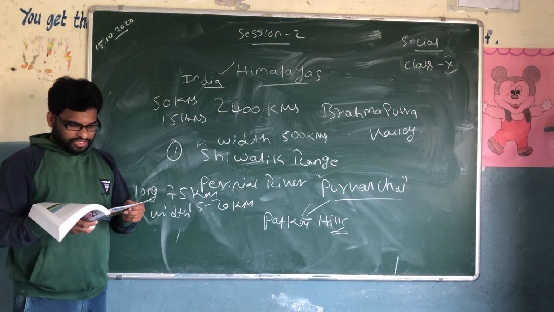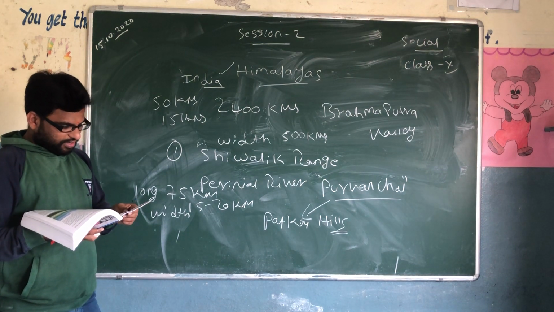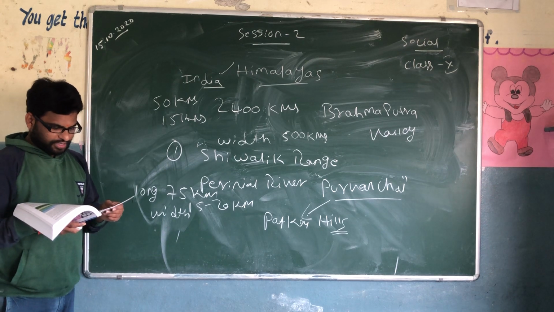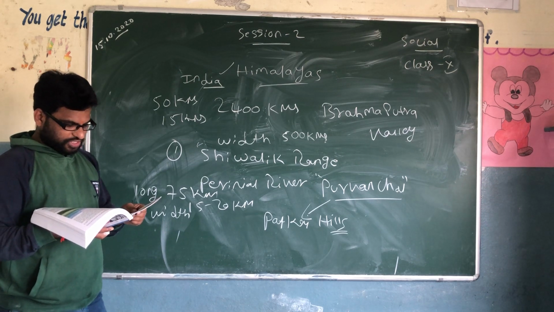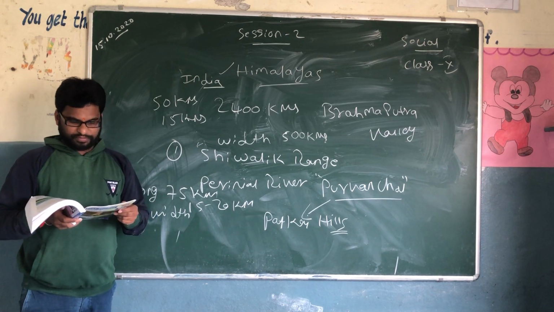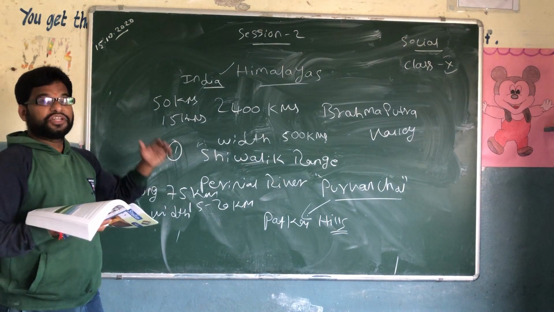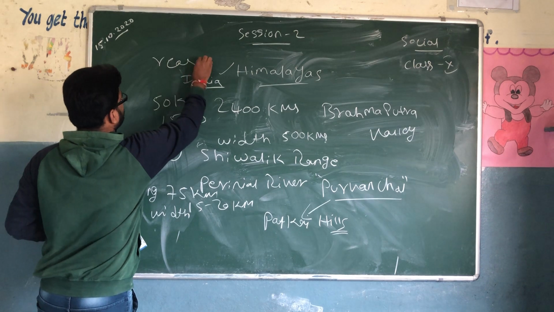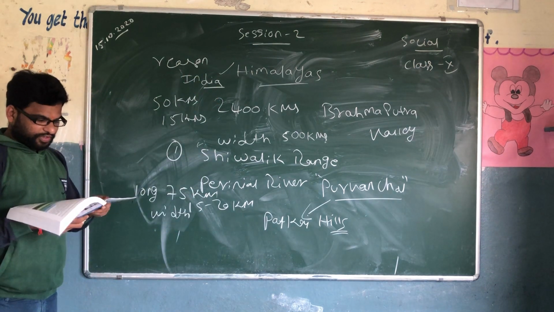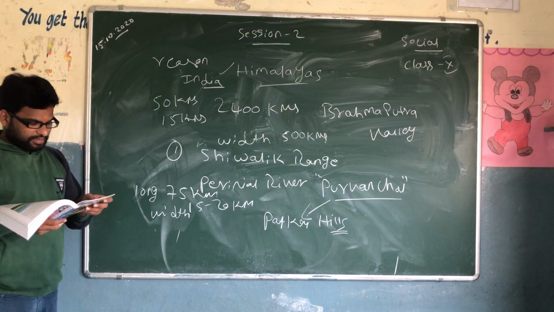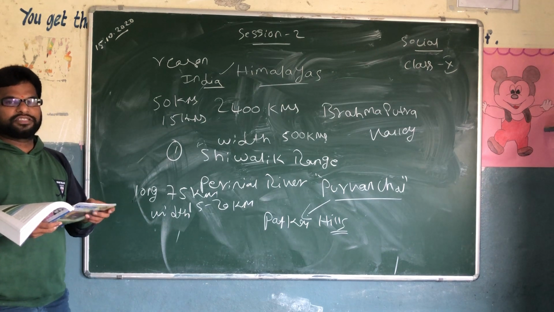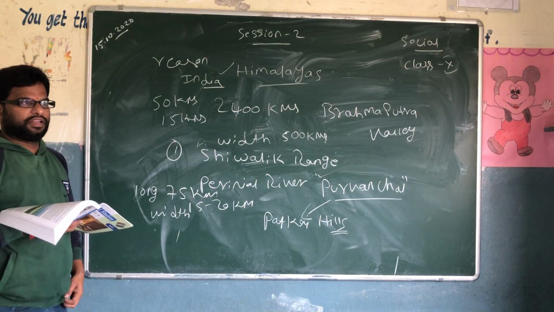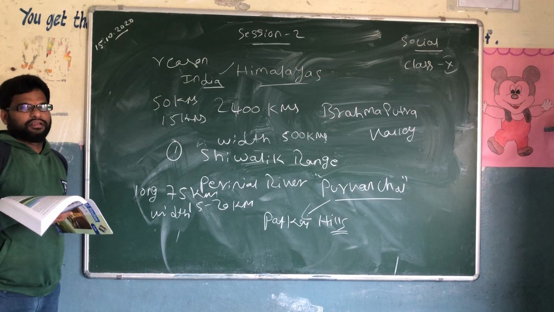The Himalayas are responsible for summer rains and the monsoon type of climate in regions beyond the Western Ghats of India. Summer rains means sometimes we get rains in summer, right? It depends.